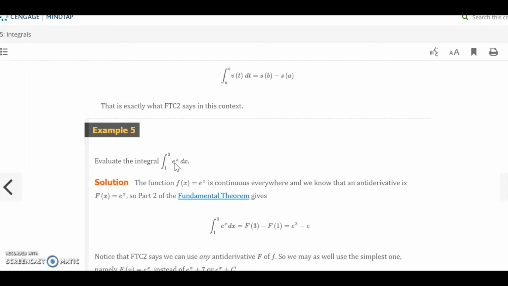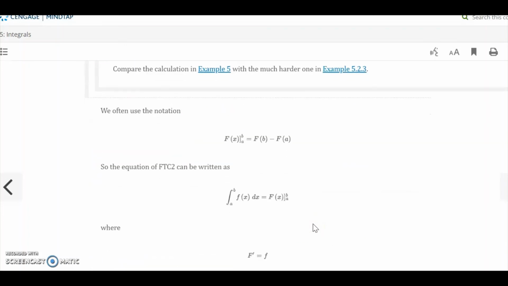Well, it's just e to the x. So we have our antiderivative, and now we're plugging in our bounds, 3 and 1. So right here we have the antiderivative at 3 minus the antiderivative at 1, which is the same thing as e to the third minus e to the first. So this is your final answer right here.